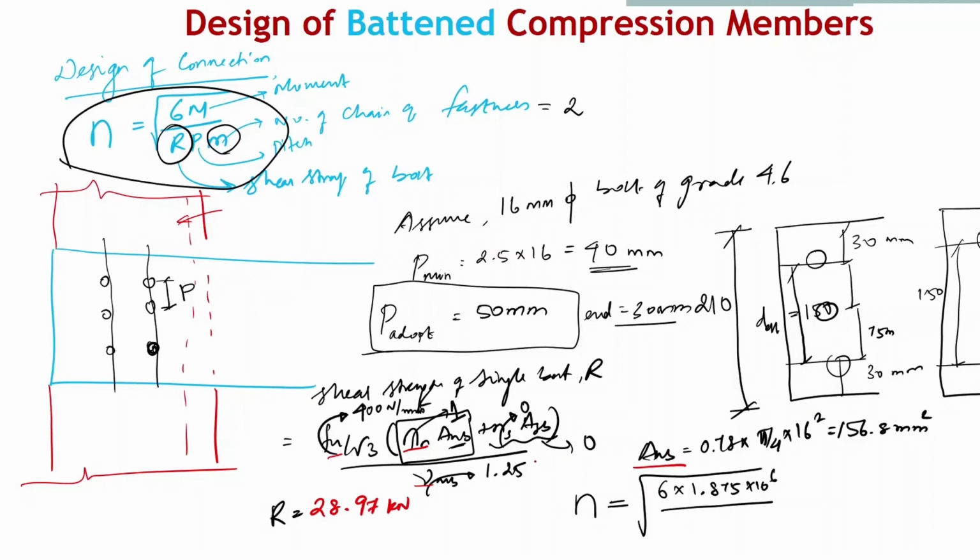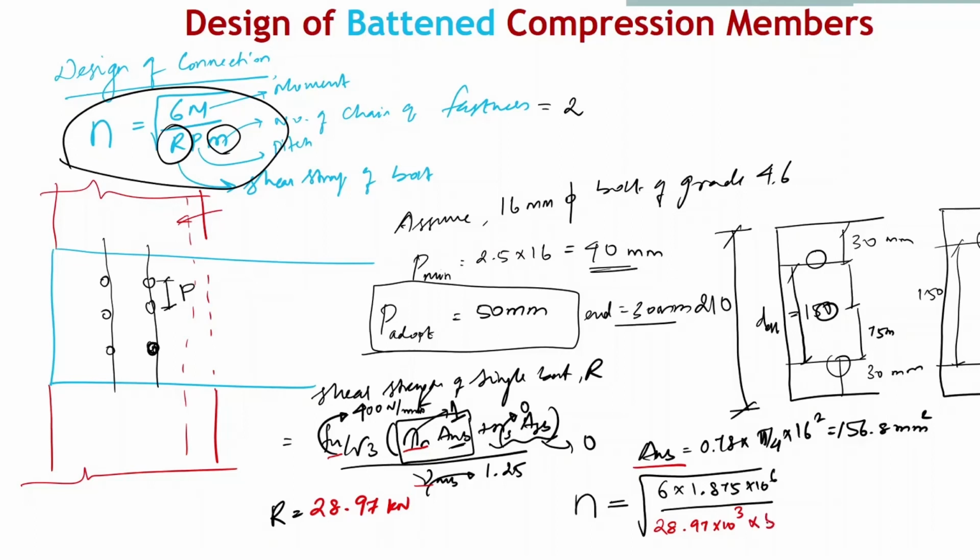So the number of bolts required, let's substitute all the values here: N equals square root of 6 into moment upon R into pitch, where the moment is in Newton mm. So R, I have to substitute in Newton, 28.97 into 10^3.